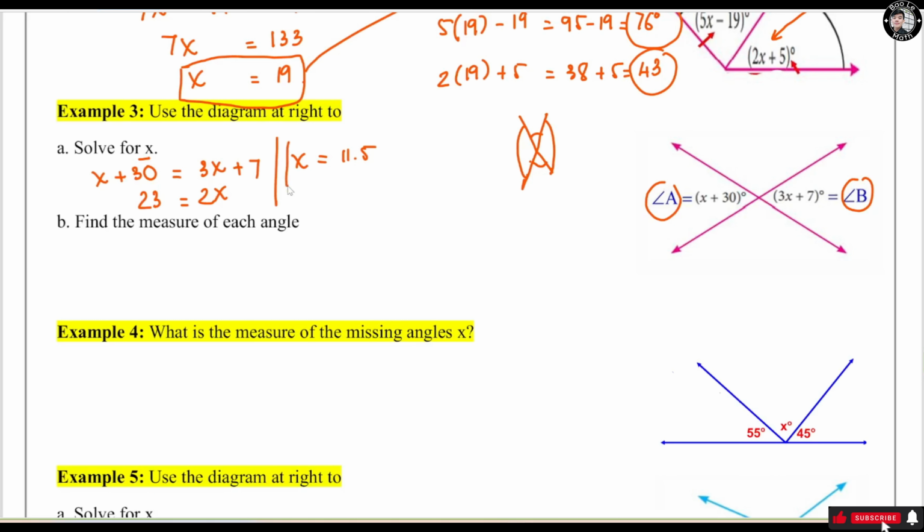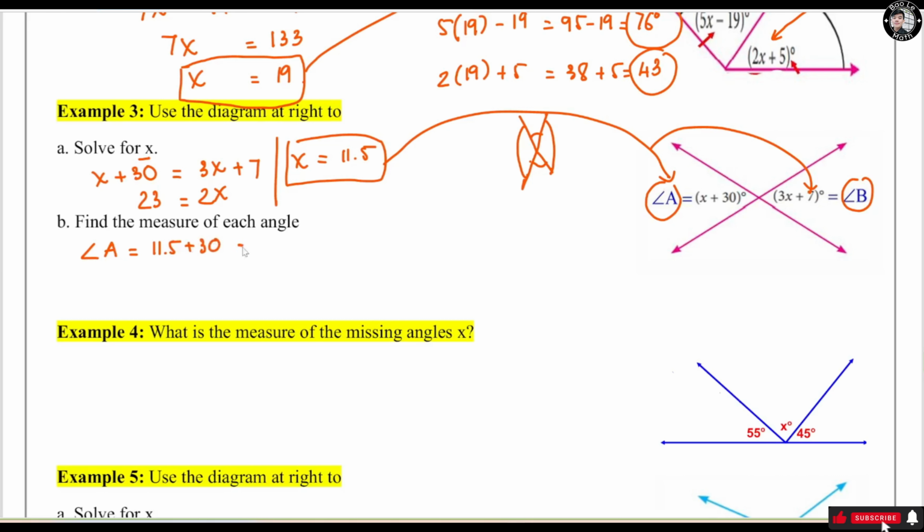Now substitute 11.5 for s into each of these to solve for the measure of angle A and B. So the measure of angle A is 11.5 plus 30 equals 41.5 degrees, and angle B equals 3 times 11.5 plus 7. It's going to be 41.5 degrees.